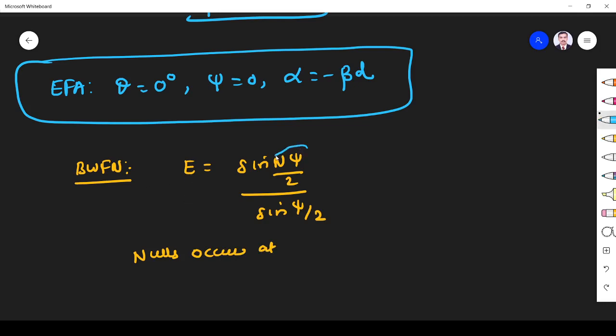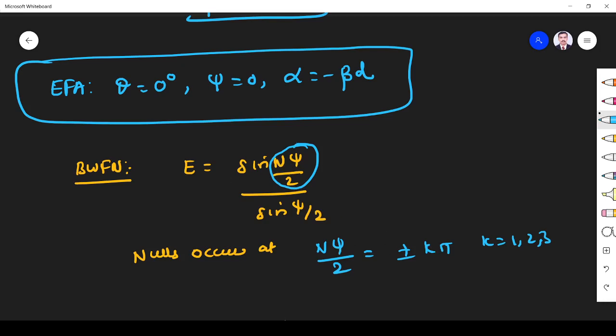So that is possible only if n psi by 2 is equal to plus or minus k pi, where k is 1, 2, 3, etc. Why? When k is equal to 1, n psi by 2 is pi, sin pi is 0, so E is 0, null. For 2, it is 2 pi, so sin 2 pi is 0.